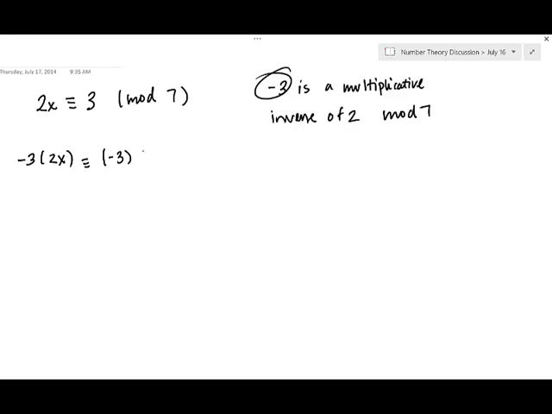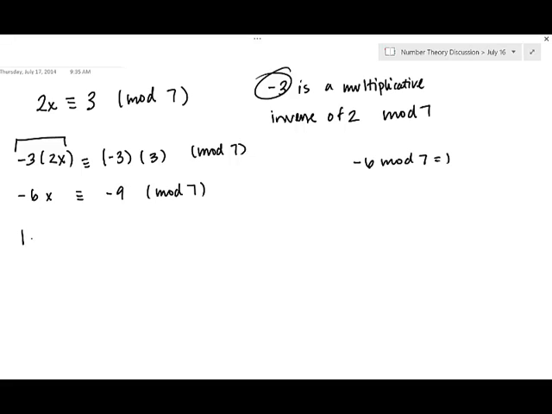So I can always multiply both sides of a modular congruence. However, I can't divide. Dividing messes us up, as we saw in a previous lecture. So let's just do this arithmetic here. We already know that I'm just going to end up with x here, but I'm going to do this multiplication just to demonstrate one more time that that's what happens. So -9 mod 7. Now I know -6 mod 7 is 1.